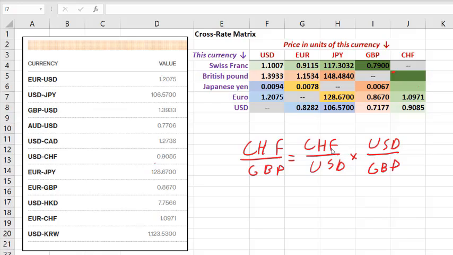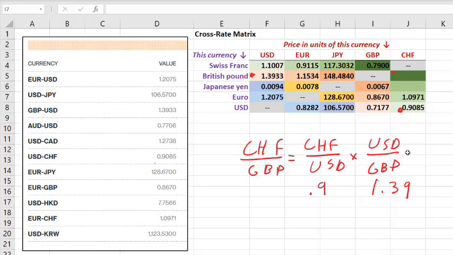So what's the Swiss francs per dollar? That's this here, 0.908. Just call it 0.9. And then the dollar price of pounds, dollar price of pounds is right here. Let's just call it 1.39.